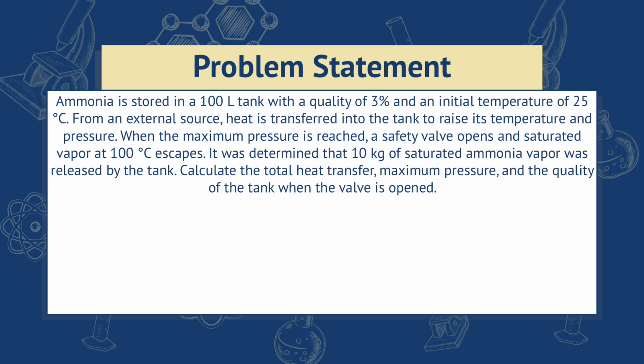From an external source, heat is transferred into the tank to raise its temperature and pressure. When the maximum pressure is reached, a safety valve opens and saturated vapor at 100 degrees Celsius escapes. It was determined that 10 kilograms of saturated ammonia vapor was released by the tank. Calculate the total heat transfer, maximum pressure, and the quality of the tank when the valve is open.